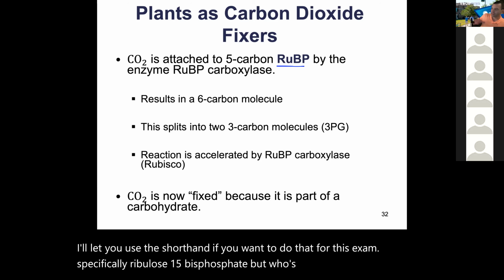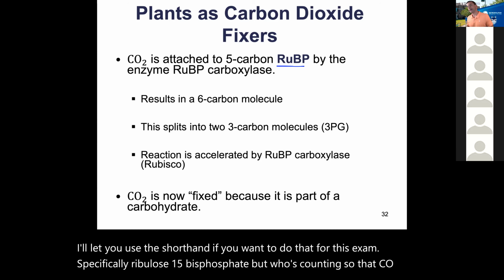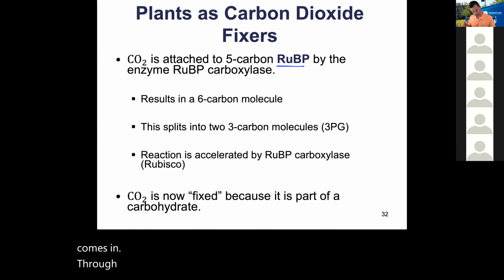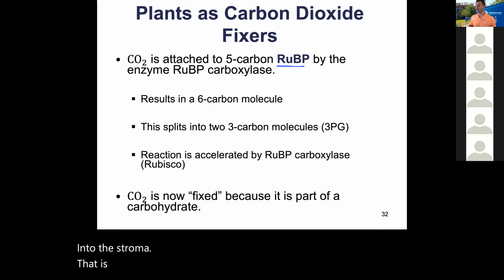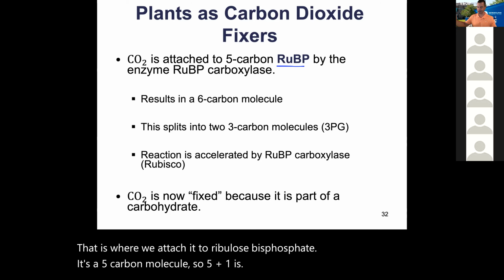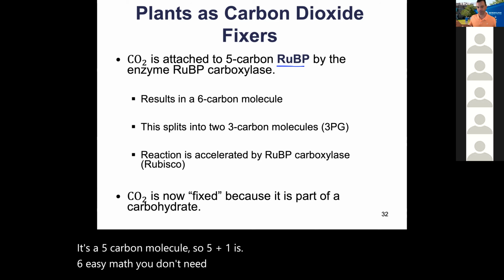So that CO2 comes in through the stomata into the stroma. That is where we attach it to ribulose bisphosphate. It's a 5-carbon molecule, so 5 plus 1 is 6. Easy math. You don't need a calculator for that one, I hope.